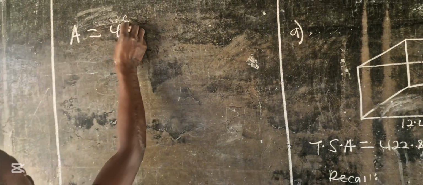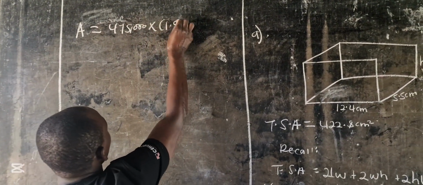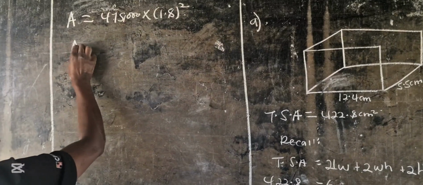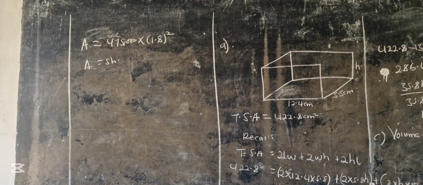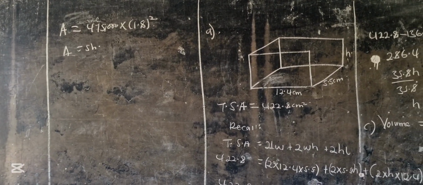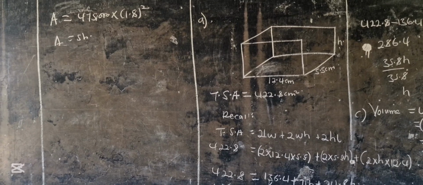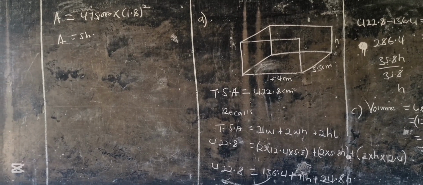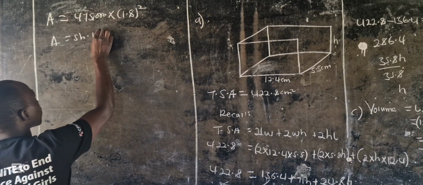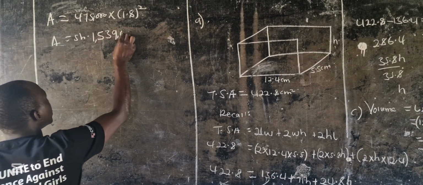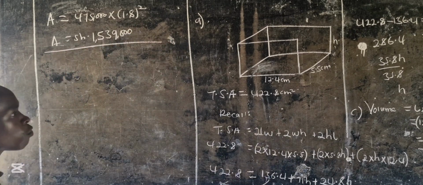Our amount is going to be 475,000 times 1.8 squared. So our amount will be given as shillings 1,539,000. This is the amount that this person will have after 2 years.